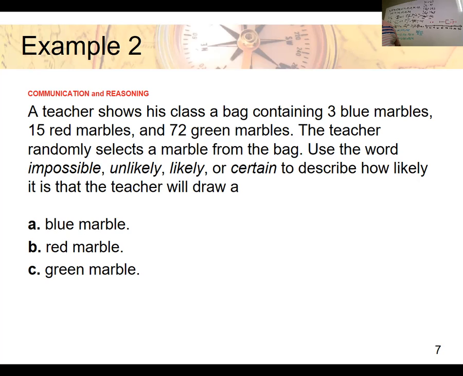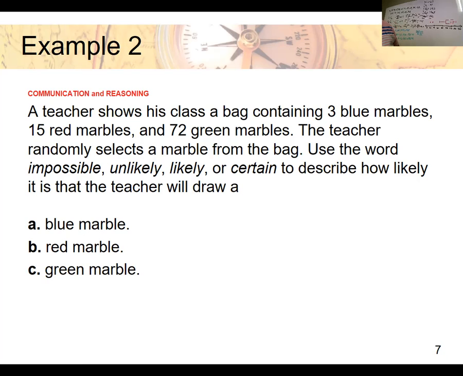Okay. Let's see. This case is unlikely because there's only 3 blue marbles in this bag, along with the 15 red and 72 green. What about a red marble? Again, that would be unlikely because there's 15 red marbles there. What about a green?